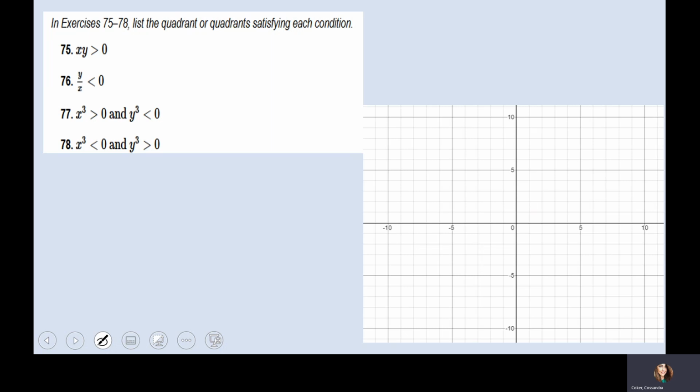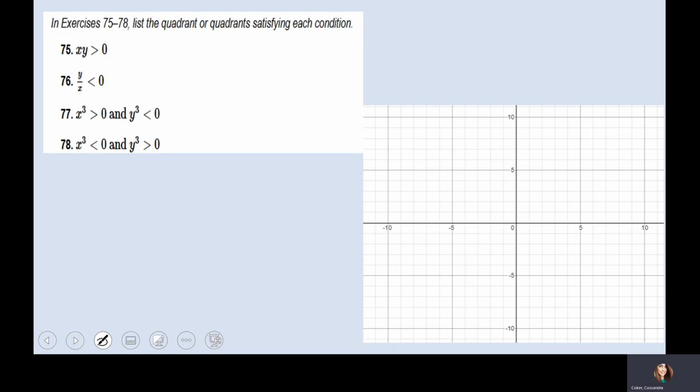Of course, once again, this is just making you think: list a quadrant or quadrants satisfying each condition. So in 75, this is stating x times y has to be greater than 0.